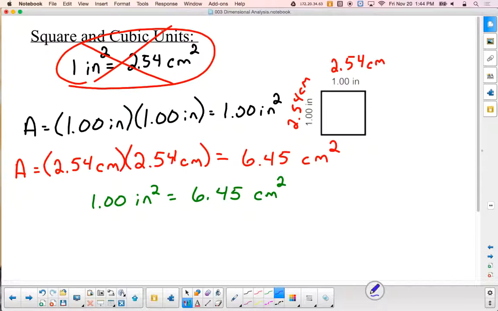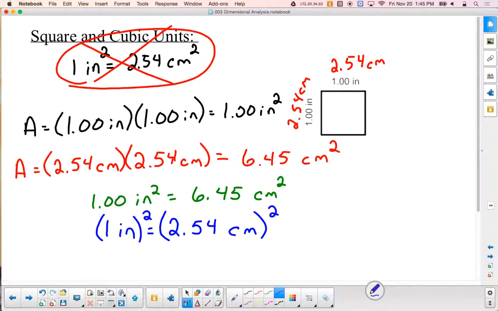But we do need a way to get from a linear conversion factor to an area conversion factor. The way that we could find out that 1 square inch is equivalent to 6.45 square centimeters would be to take the conversion factor we know, 1 inch is 2.54 centimeters, and instead of just putting the squares on the units, square everything.